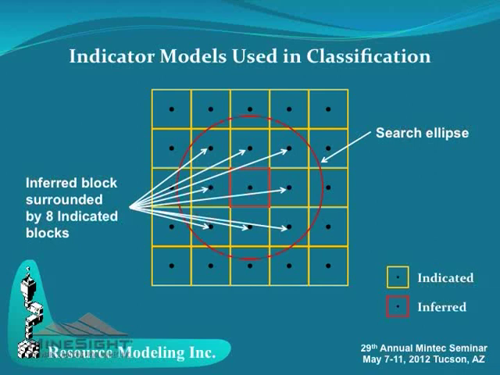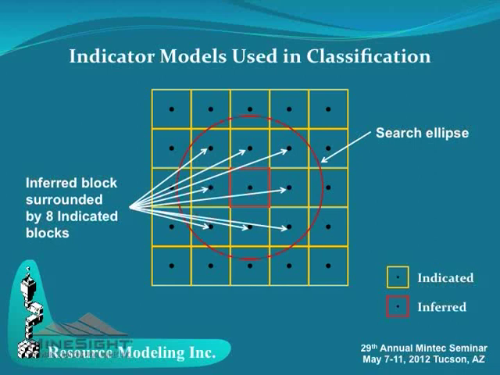The purpose here is to count how many of these blocks were used in the estimate. You can simply do that by saying I want to store how many composites or how many drill holes were used.